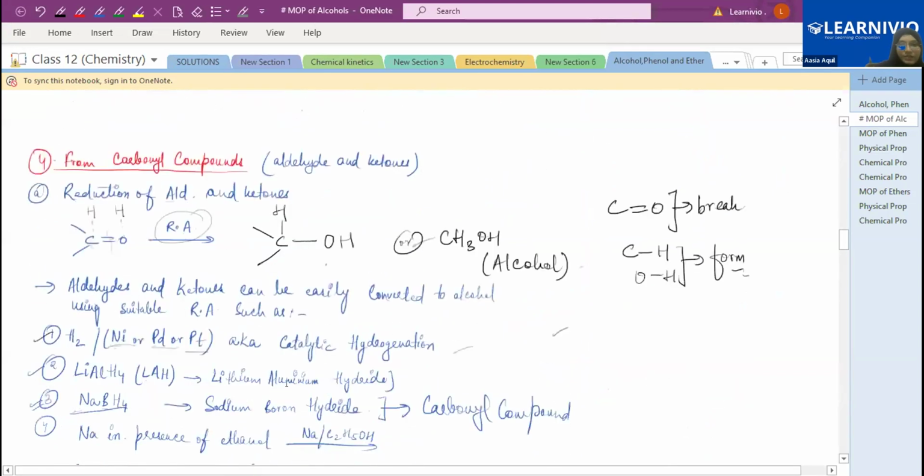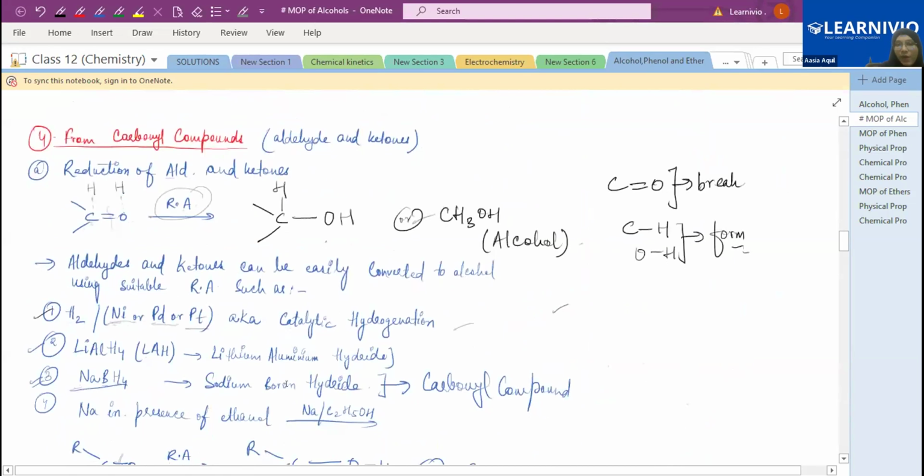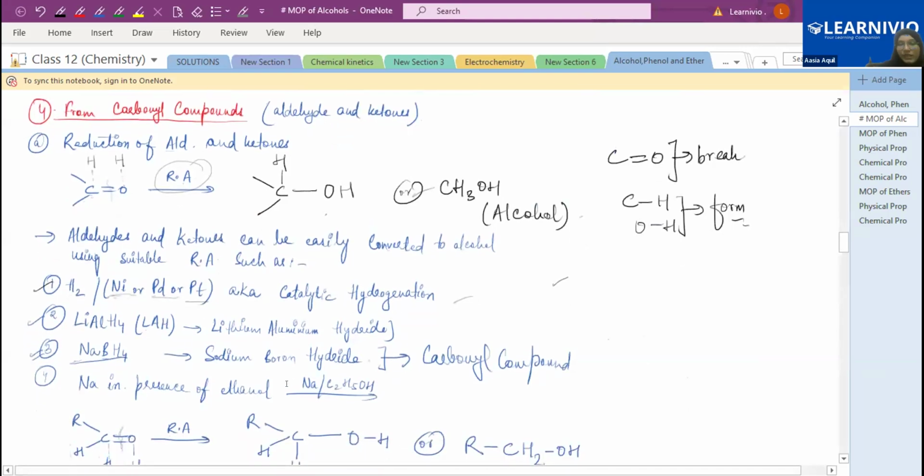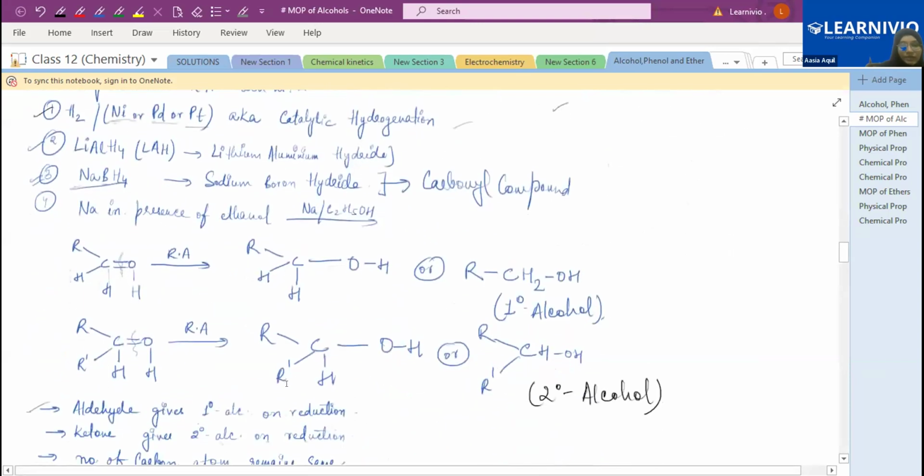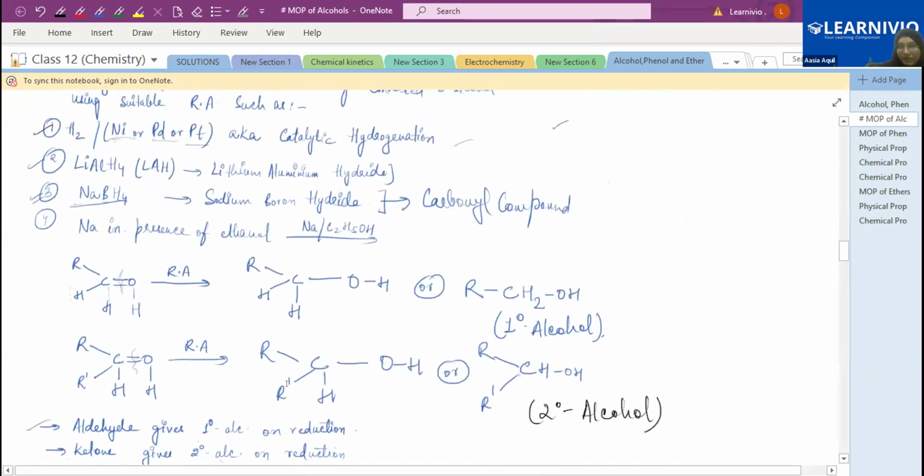Next one, we discussed the carbonyl compounds, how we can reduce the carbonyl compounds to a corresponding alcohol, right? So reduction of aldehyde and ketone will give you a corresponding alcohol. Okay, and as reducing agent we can use lithium aluminum hydride. It will reduce all the groups.